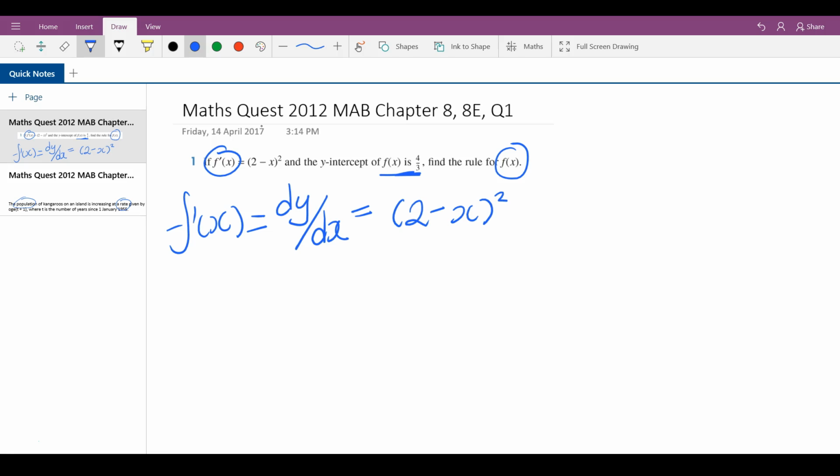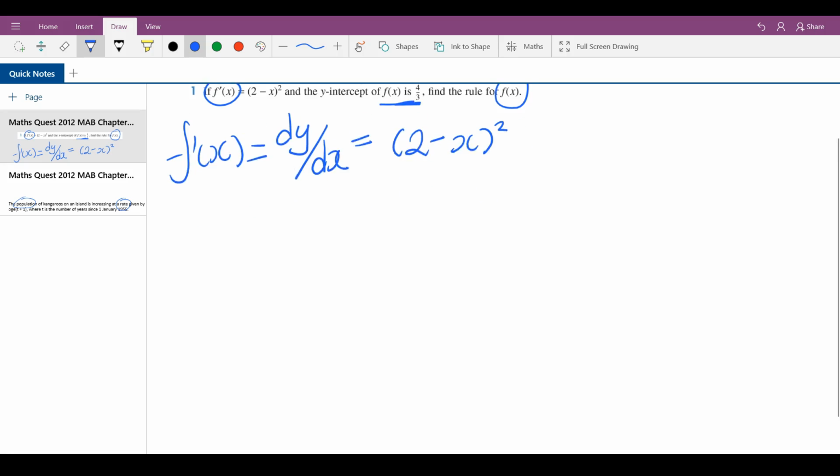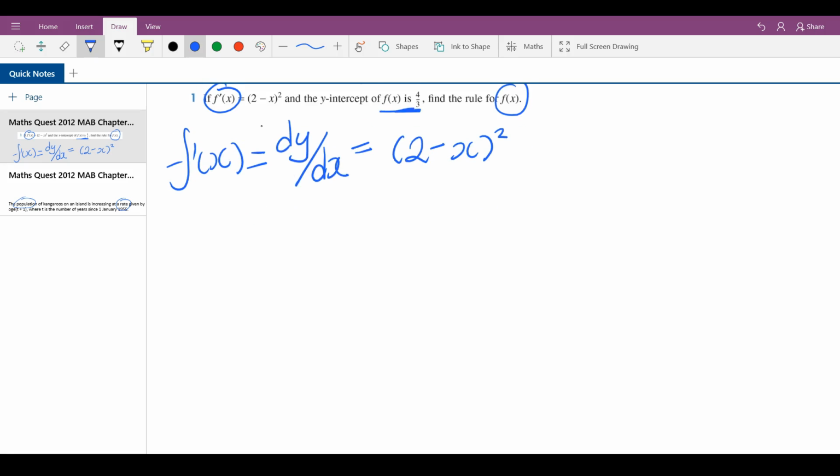The first thing is we're going to integrate the function first. Integrating dy dx is literally just doing this.